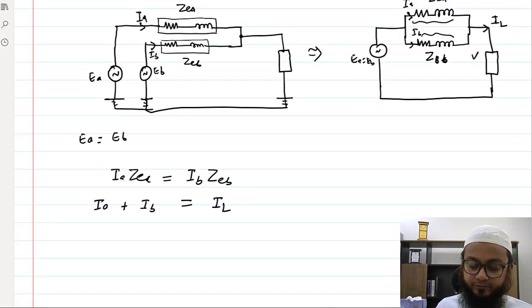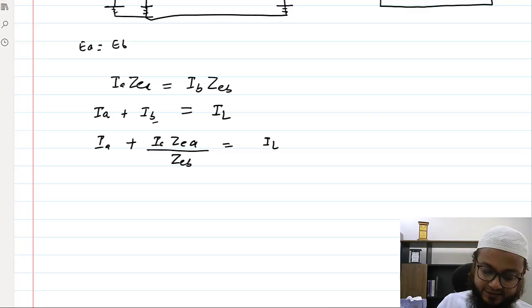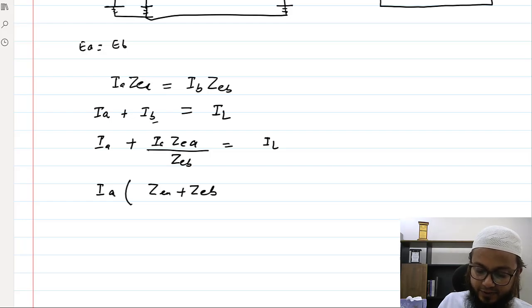Okay, so what would be IA here? Let's say I'm just replacing IB by this relation. So this IA plus IB would be IA plus IA ZEA upon ZEB is equal to IL, and then further we can see that this would be equal to IA times ZEA plus ZEB upon ZEB.